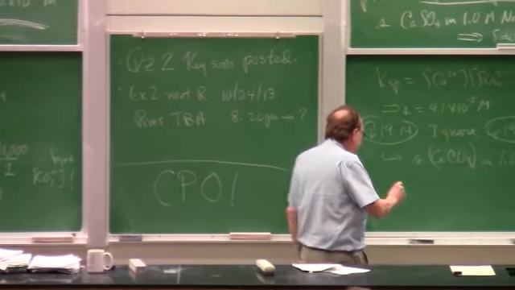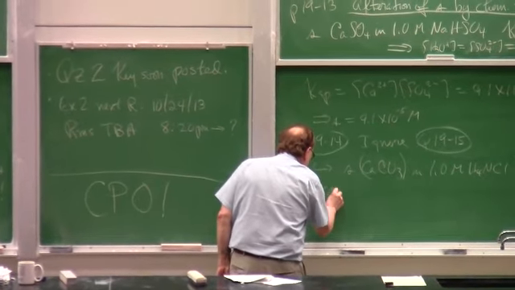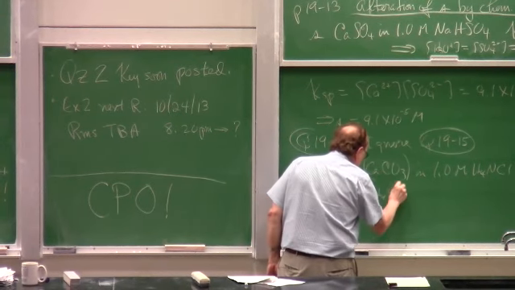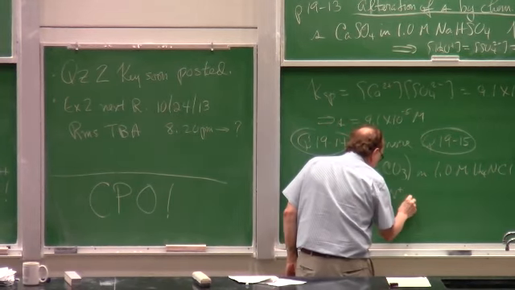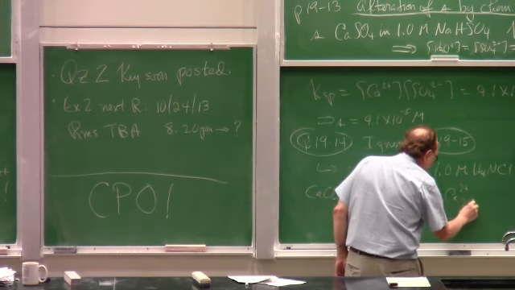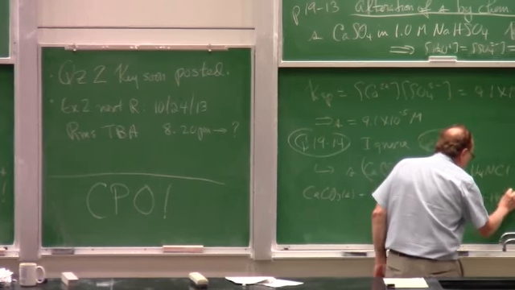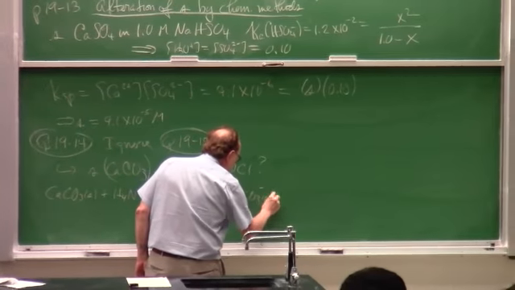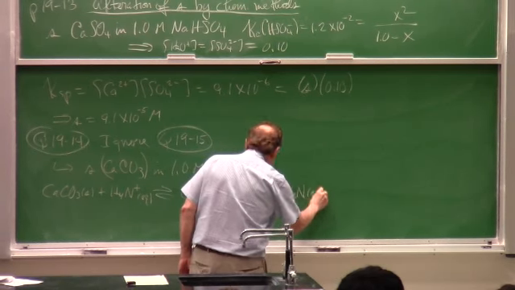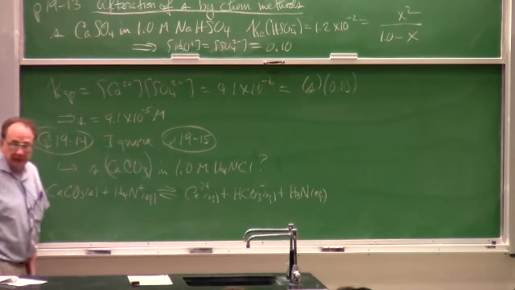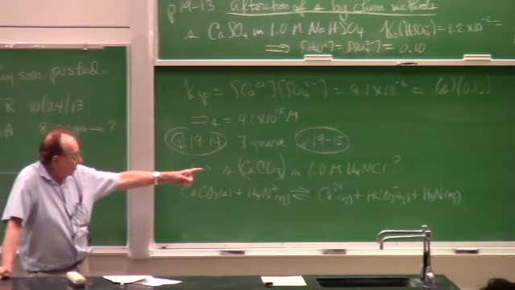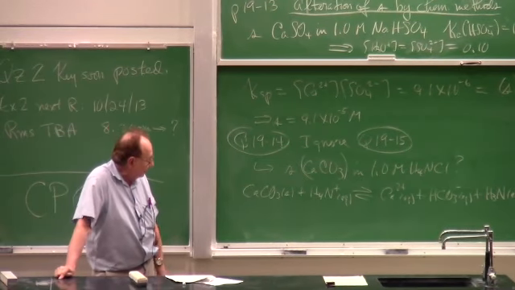So what I should write is this. This will be the principal equilibrium reaction of consequence established when I saturate 1.0 molar ammonium chloride solution with calcium carbonate.